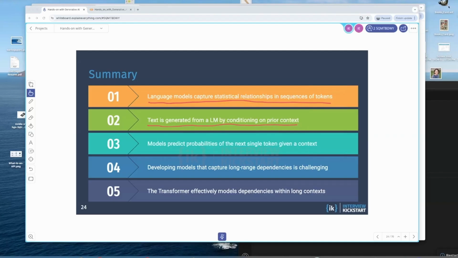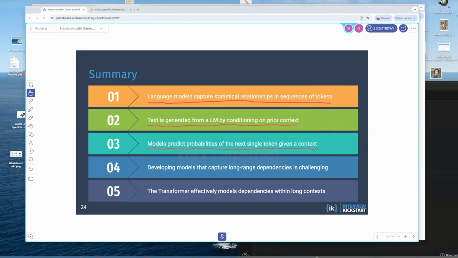The idea here is that I give some context for the model to complete, and then the model can generate text that completes that context, one token at a time. It's one token at a time because the models themselves are designed to predict probabilities of the next single token given a context.